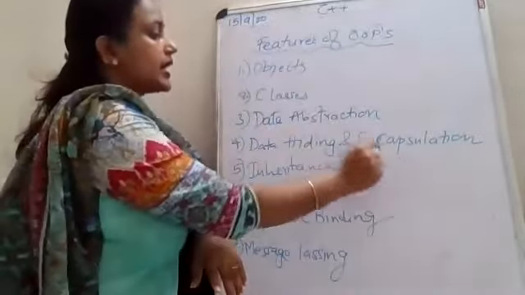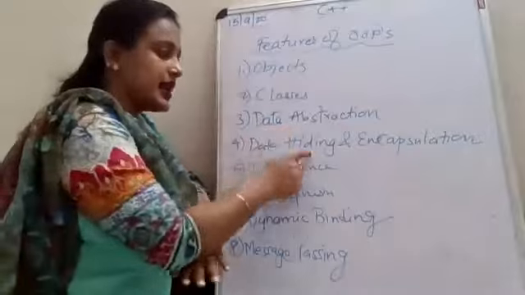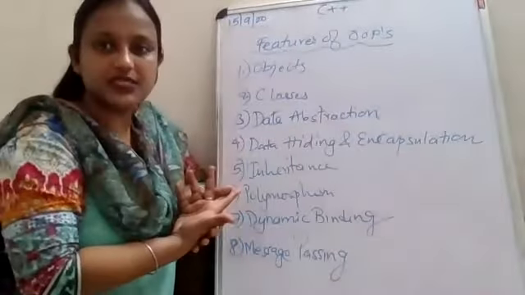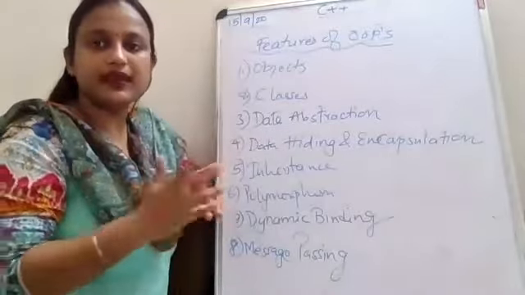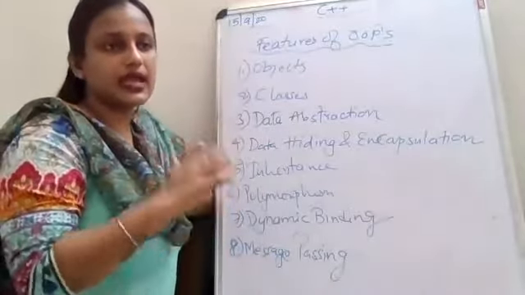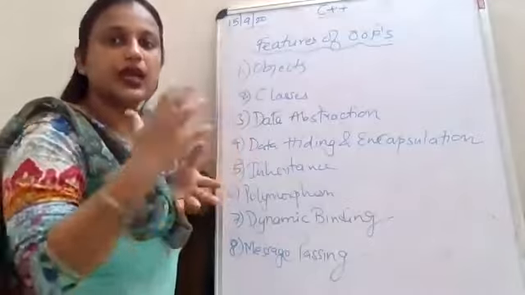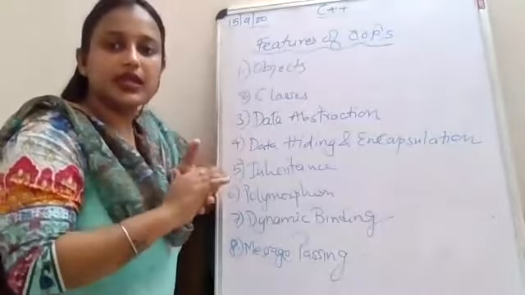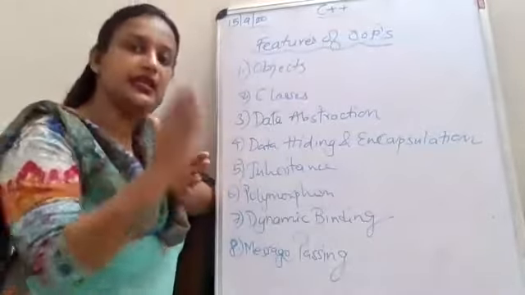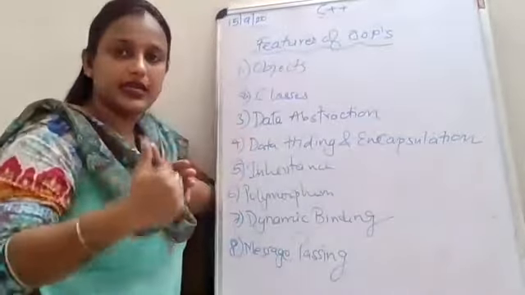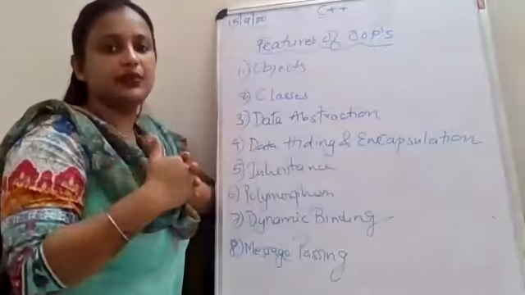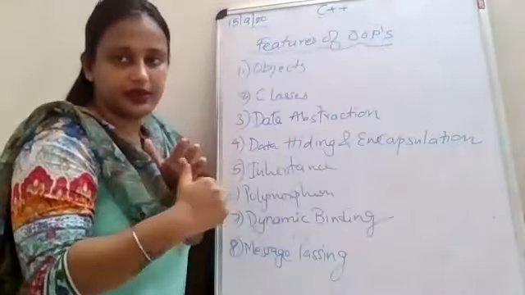Data hiding and encapsulation is there. Now what is data hiding? We have done it in the distinguish. Again I have to repeat that point, that data hiding through the access specifier private, you can hide the data, and in inheritance that data cannot be taken. Okay, that data cannot be inherited if you declare any variable private.